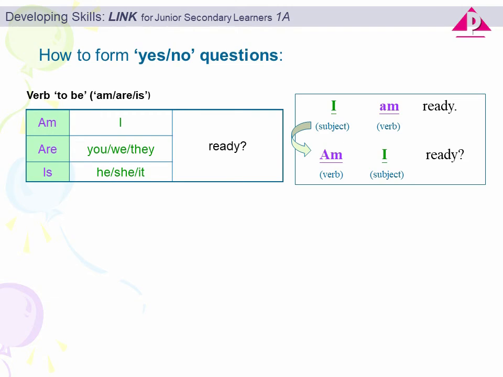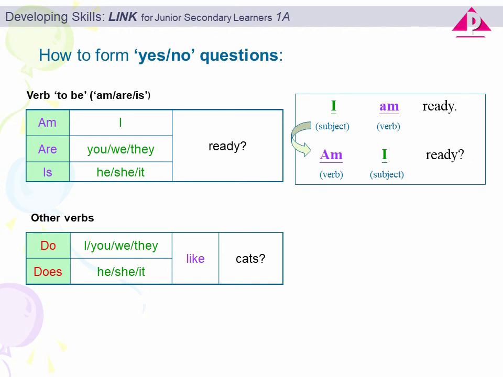Similarly, you, we, or they are ready becomes, are you, we, or they ready? He, she, or it is ready forms the question, is he, she, or it ready?